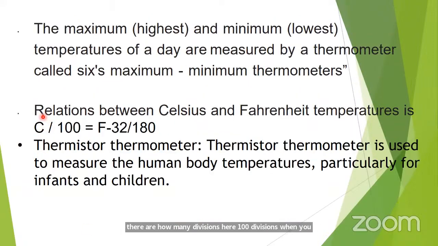So the centigrade scale is divided into 100 divisions. Here the Fahrenheit scale is divided into 180 divisions. In 180 divisions, C by 100 is always equal to F minus 32 by 180. By using this formula, easily we can convert.